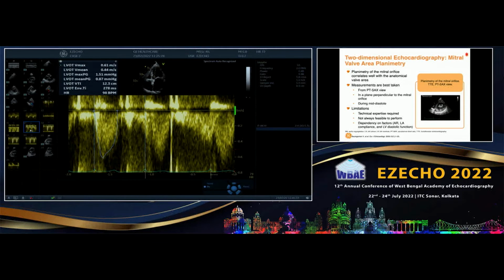So if my VTI increases or decreases, proportionately the valve area should go down. So if my ratio is 2, that means the mitral valve area has already halved. When my LVOT area is 3 square centimeter, and the mitral VTI is twice the LVOT VTI, my mitral valve area is halved. That means it has already become 1.5. It's a simple logic.